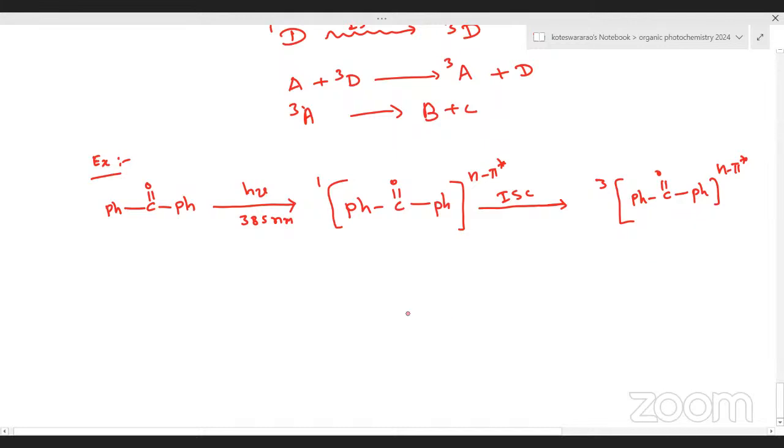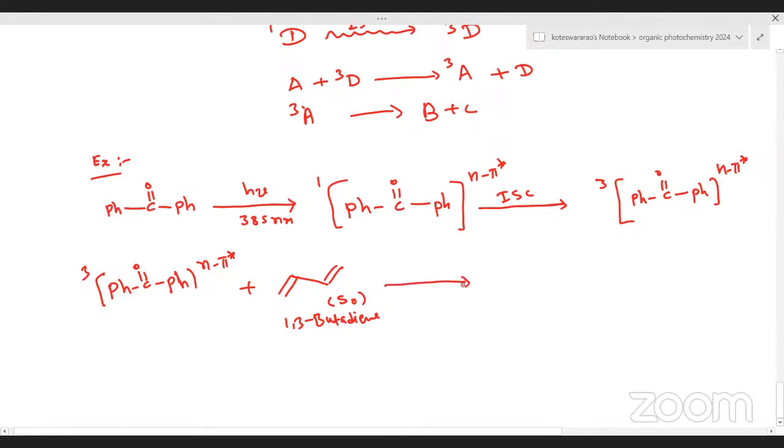Right. Now this will be reacting with the triplet state, the n to pi star, which will be bombarded with 1,3-butadiene. This is in the ground state, right? Now it leads to the photosensitization process.